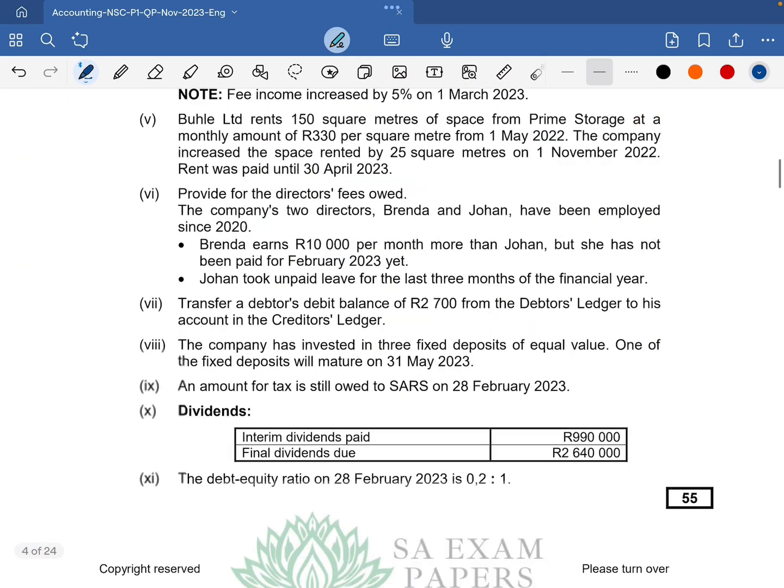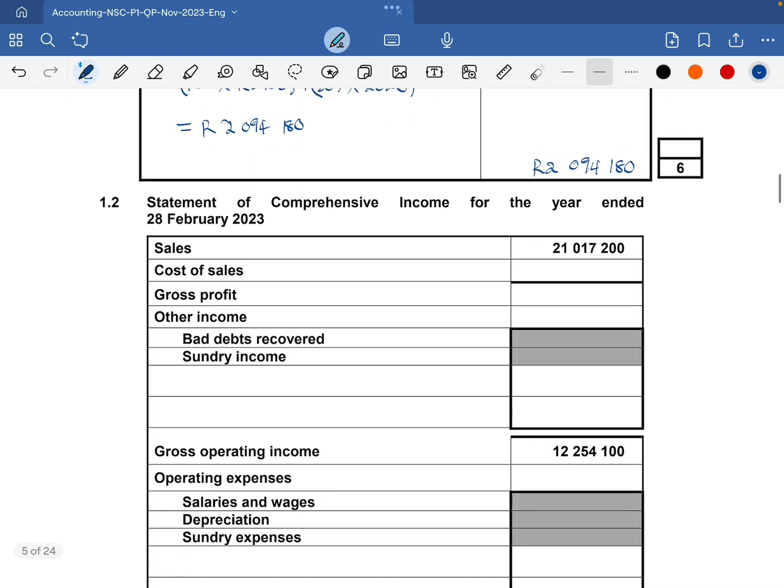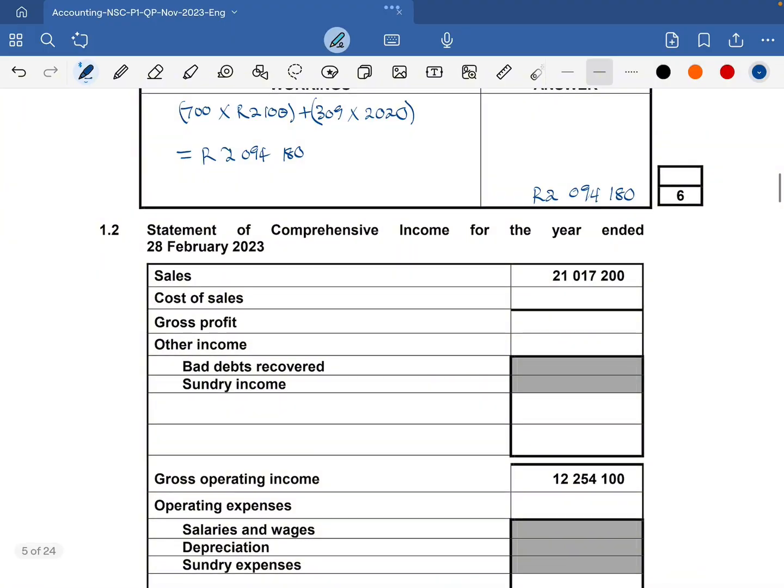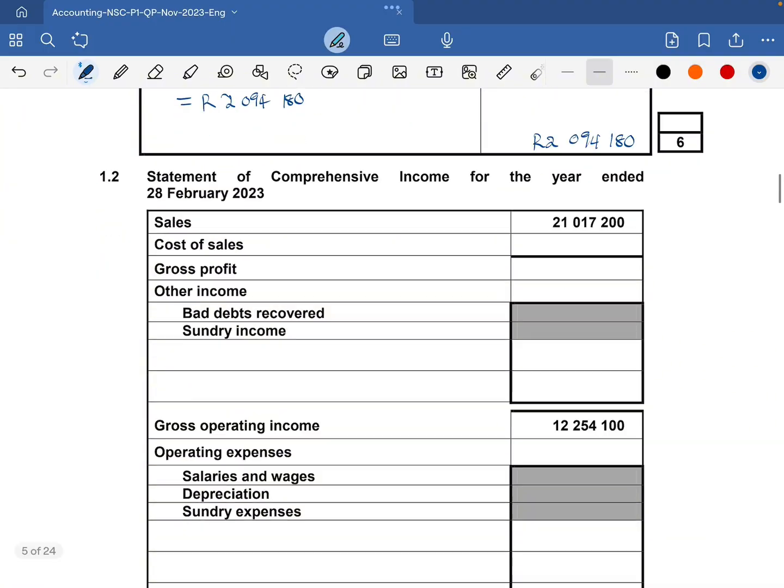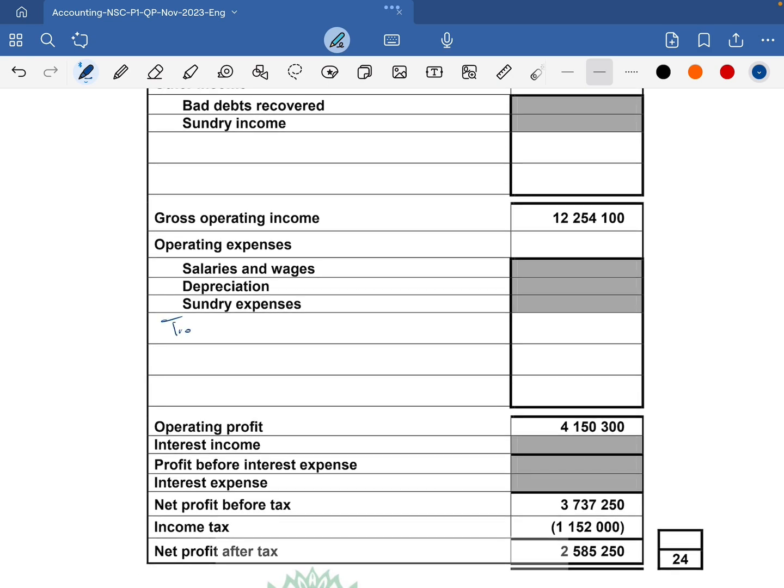Because we can see that now we are supposed to complete the statement of comprehensive income, we can just fill in the trading stock deficit because we already know what's happening. So we have the trading stock deficit here, and then we get the difference between the two amounts.